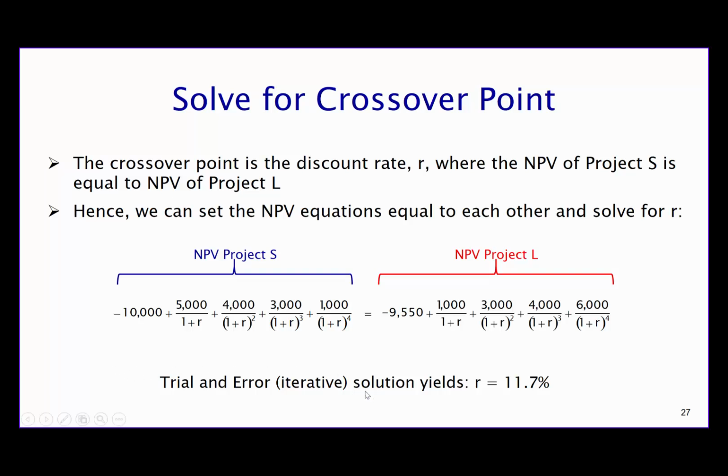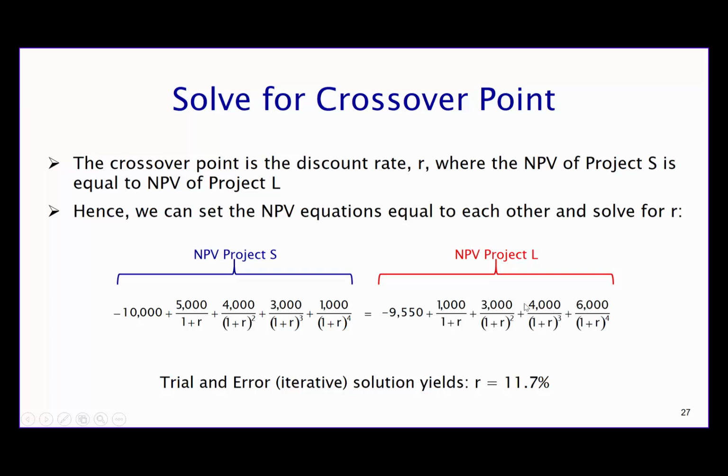In solving for this, I can recognize that I can subtract negative 9,550 from both sides. I can subtract the 1000 over 1 plus r from the 5000 over 1 plus r. Subtract the 3000 over 1 plus r squared from the 4000 over 1 plus r squared, and so forth.